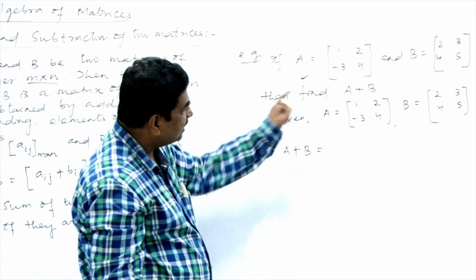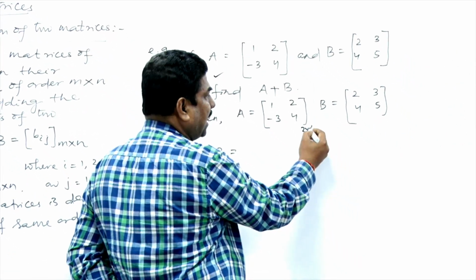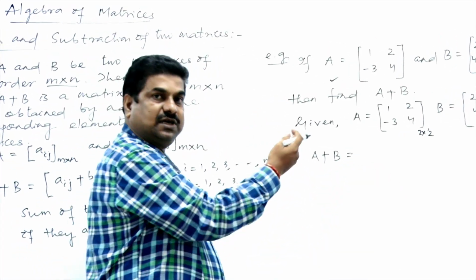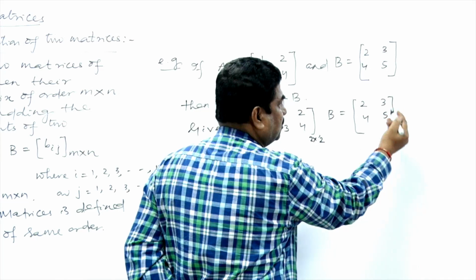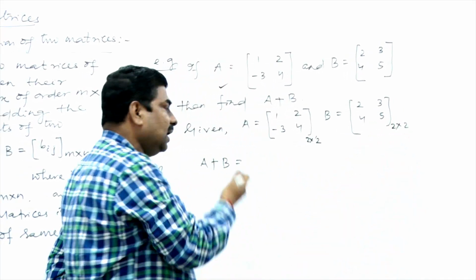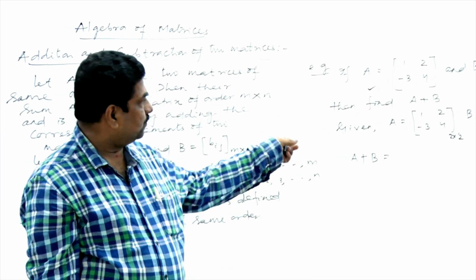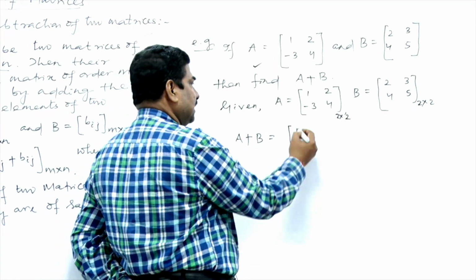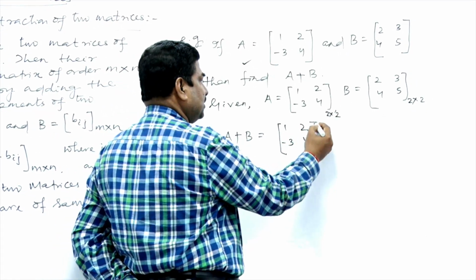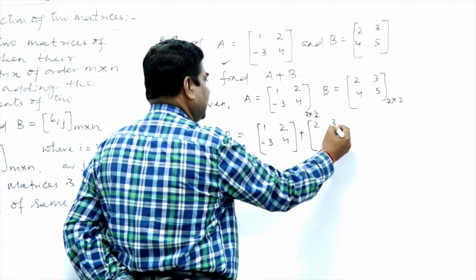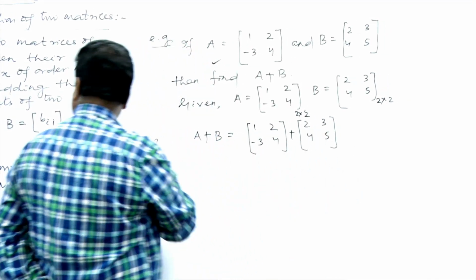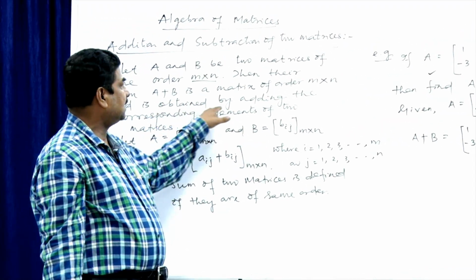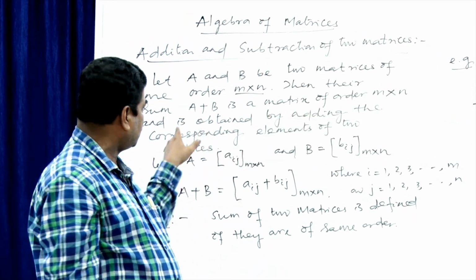Here you see in the first case A is of order 2 by 2, or we call it order 2. In the second case B is also a matrix of order 2 by 2. In both cases A and B are of the same order. So we have to find A plus B. That means we write [1 2; -3 4] plus [2 3; 4 5]. The definition I have already explained: the sum is obtained by adding the corresponding elements of the two matrices.